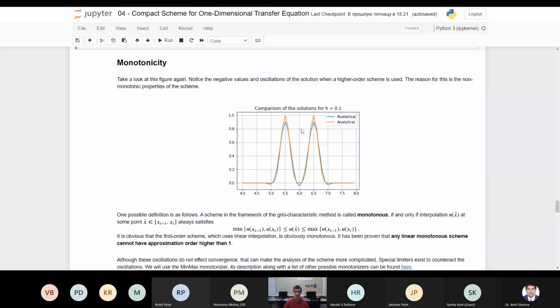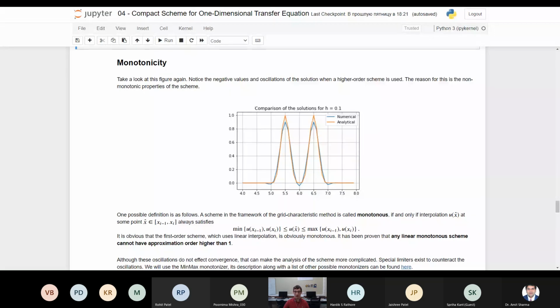The obvious difference is here that the amplitude of the numerical solution is smaller, but another important difference is that the analytical solution was positive in the whole region, and it was never negative at any point of the computational domain. But the numerical solution, actually due to numerical errors, actually got below zero on this graph. So we have negative values.